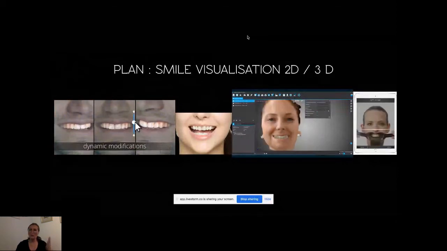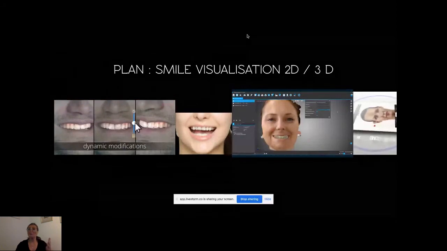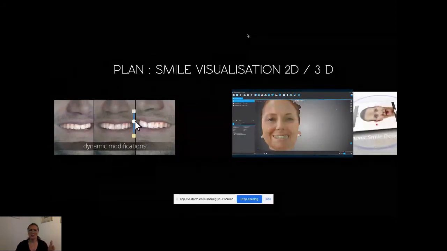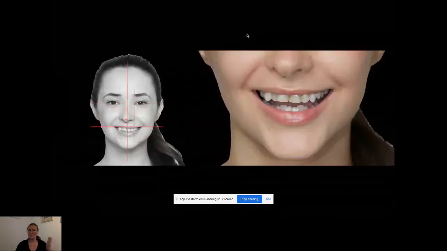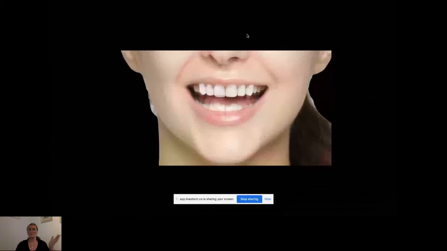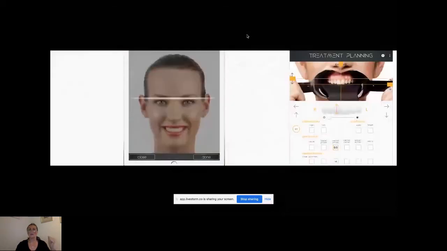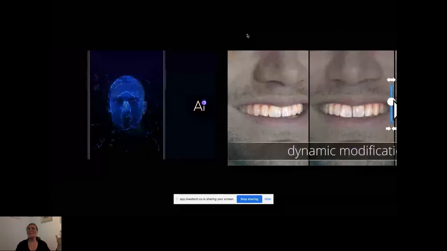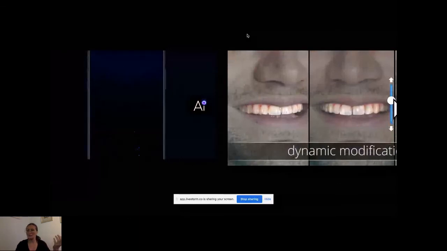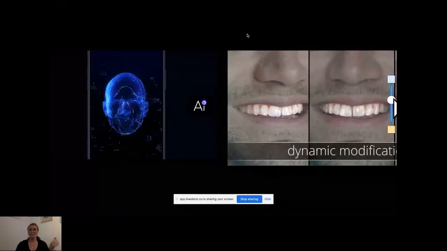Plan means the visualization, 2D and 3D, of the future smile, of the future patient. And here we have plenty of softwares and technologies, beginning with a kind of keynote representation of the teeth, of the golden proportions, to apps which are able to give you automatically the future smile, but also an artificial intelligence-based technology, which is giving in movement, like the Snapchat for teeth, the new proportions of the teeth, new color of the teeth, a visualization of the future smile.